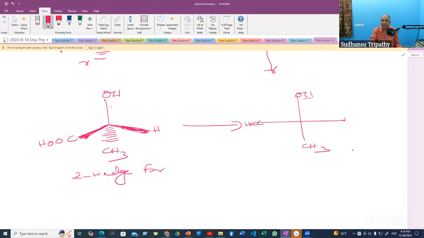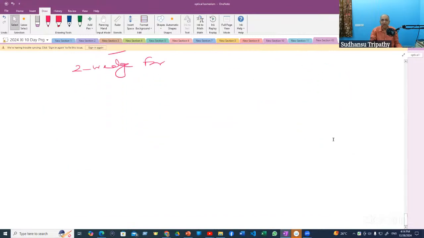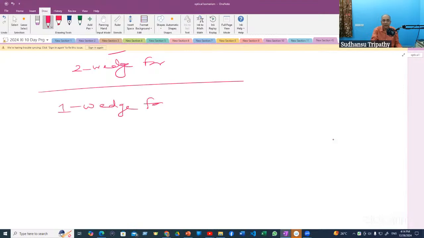But how to convert one ways formula to Fisher formula? I will give you the rules.